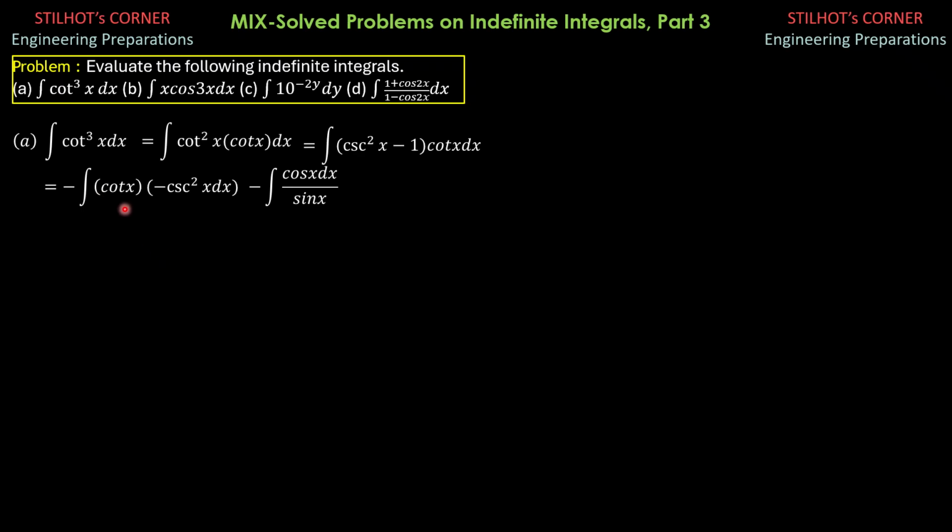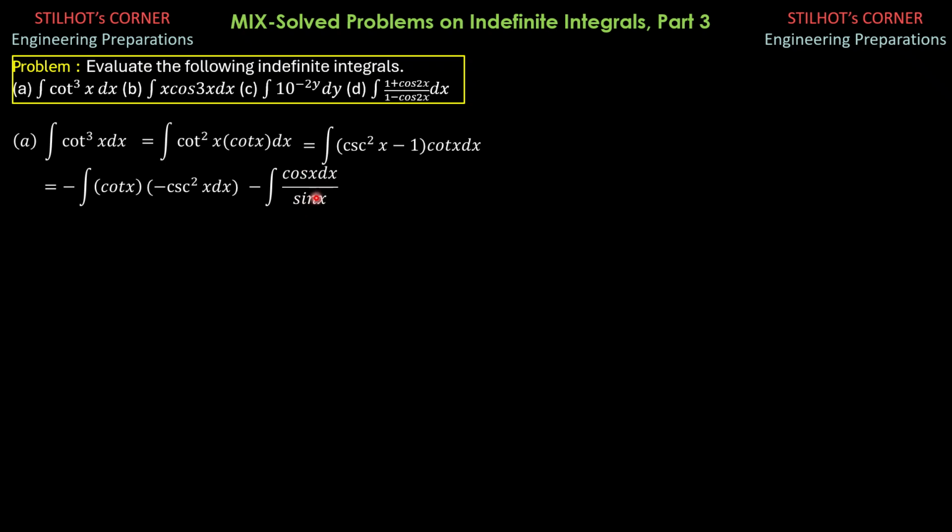Remember, if we put u1 equals cotangent x, the differential of u1 is negative cosecant square x dx. So this is in the form u sub 1 differential u sub 1, and the integral is u sub 1 square over 2. Of course, we copy the negative sign. Likewise, if we put u sub 2 equals sine x, the differential is cosine x dx.